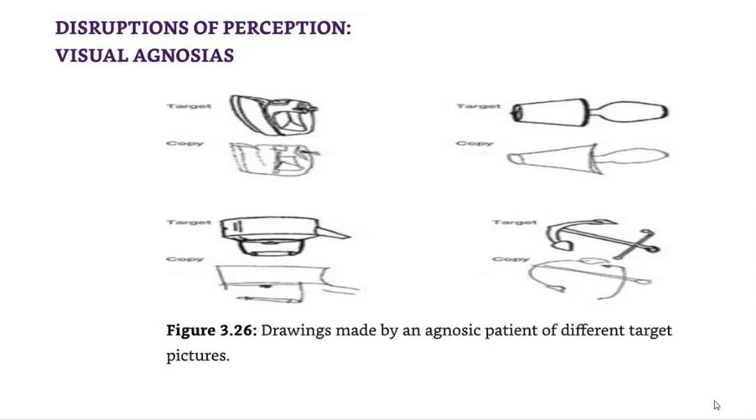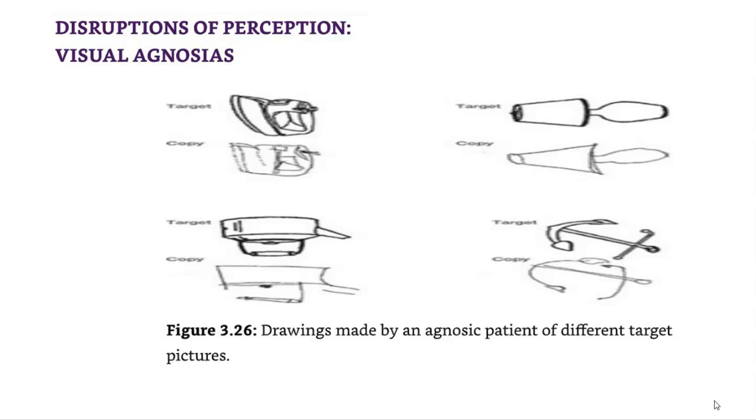So this shows an agnostic patient's rendering of drawings of familiar objects. As you can see, the patient saw the original drawing and his renditions reproduce several details, but what's clear is that he doesn't know what they are. He doesn't recognize the lamp or the iron or the kettle or the anchor.